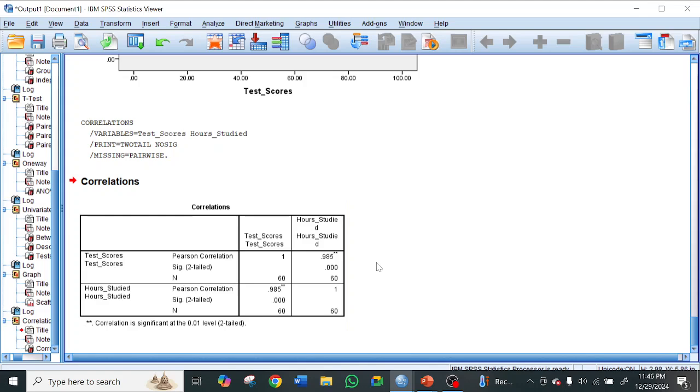If somebody stated a null hypothesis that there is no significant relationship between hours of study and test score, these results will make us reject that null hypothesis and accept the alternative, because there is actually a significant relationship between them. So that is that about the test and the interpretation.